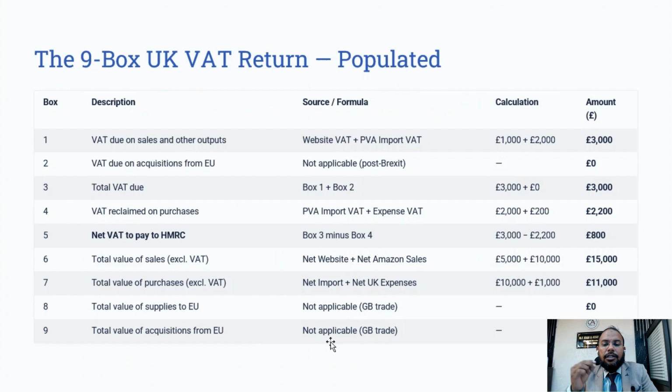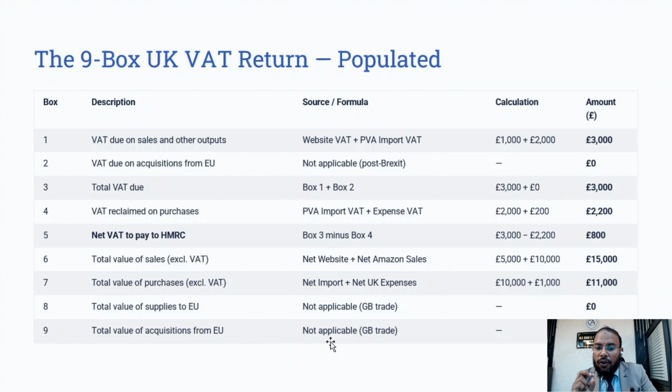Our output liability is regarding our direct sale, which comes from the website, and our import VAT. We do not have to submit it, we just have to disclose it here, because we are following the concept of postponed VAT accounting. So we just disclose here our output liability of 1,000 that we already calculated through the website sale, and 2,000 pound regarding the import VAT.